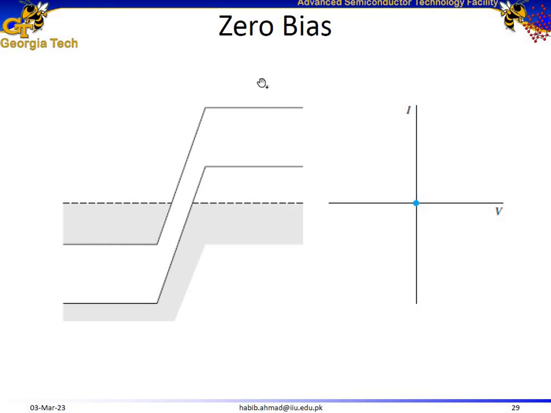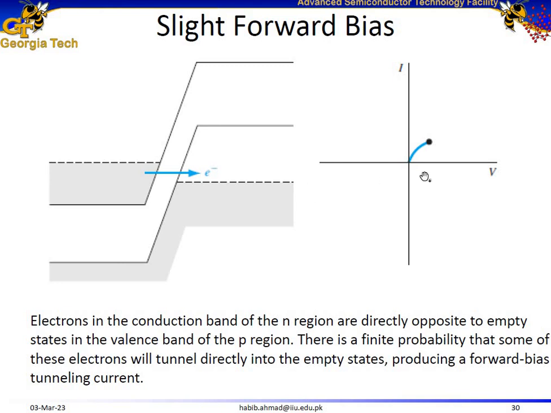As I already told you, once again, if you apply positive potential to the P side, all the energy levels on the P side would be dragged down. So you apply positive potential, the Fermi levels are dragged down, and now the quasi-Fermi level on the P side is slightly lower as compared to the quasi-Fermi level on the N side.